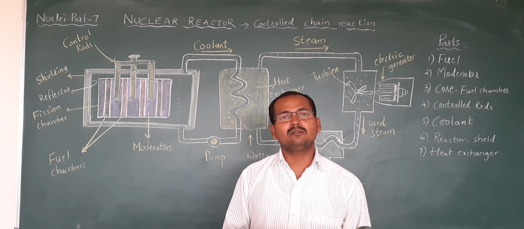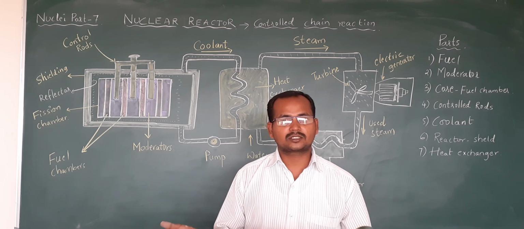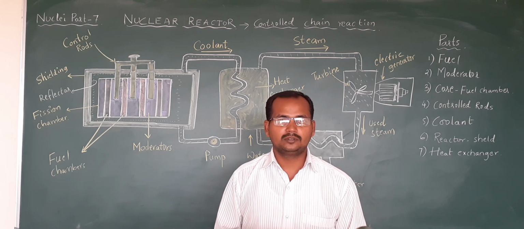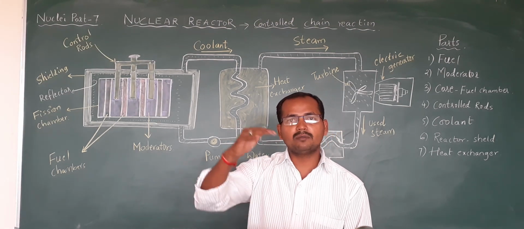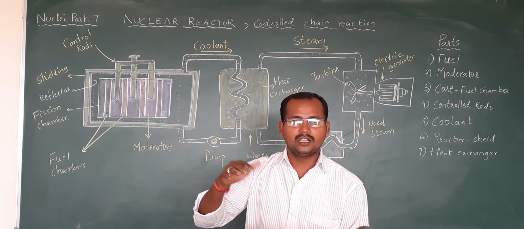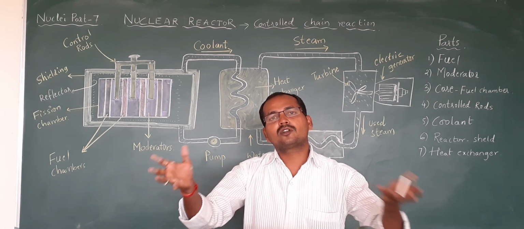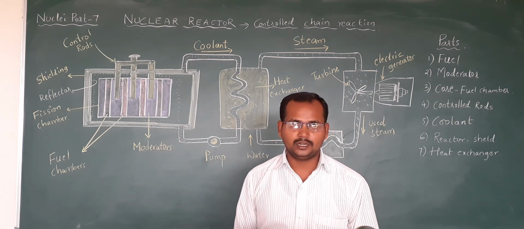If we didn't remove them, the reaction will spontaneously increase and become a blast, which is used in the atom bomb. That is an uncontrolled reaction. But here, after getting an optimum level of neutron number and a particular amount of energy, we stop the reproduction of neutrons by using the control rods, right?